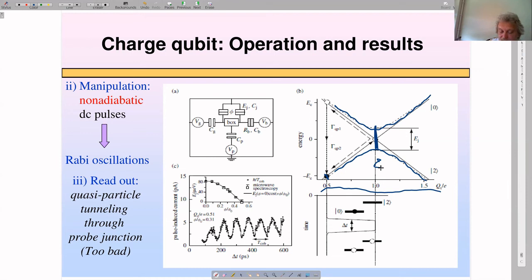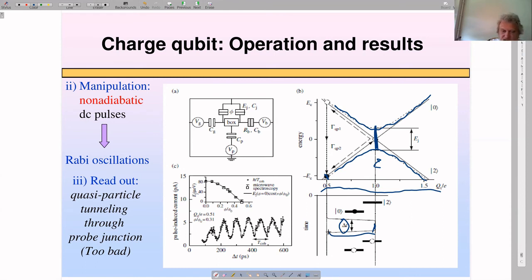Now, this Josephson energy one can see as a magnetic field. So the qubit will begin to rotate around this axis, the x-axis, in this basis. Fine. We stop the rotation after time delta t. We bring the system back.